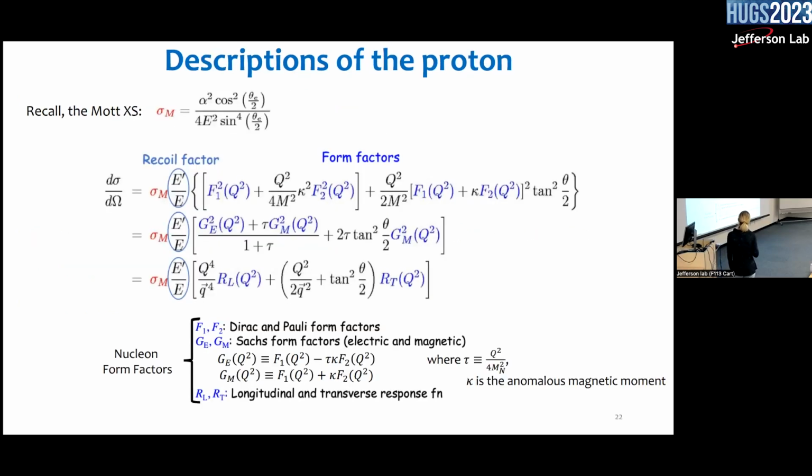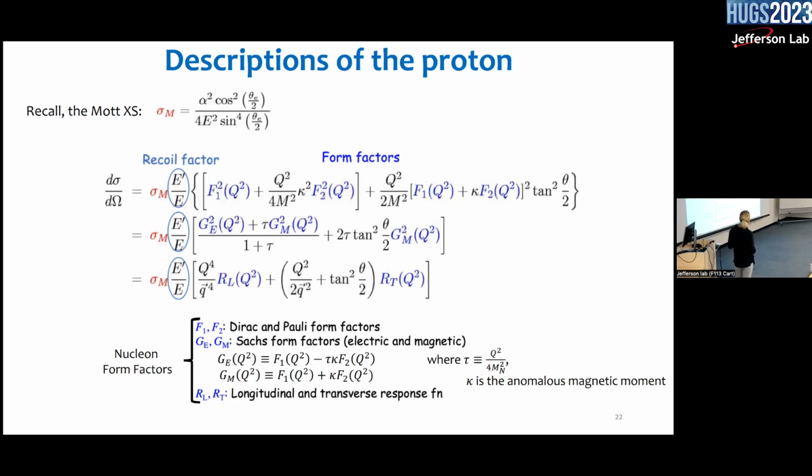Okay, so recall the form of the Mott cross section, just because on this slide I didn't write it out. There are a few different ways we can write the cross section in elastic scattering. We can write it in terms of F1 and F2 form factors, and these are linear combinations that you can make to get to the Sachs form factors. That conversion is down here at the bottom.